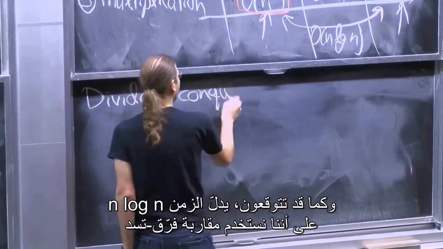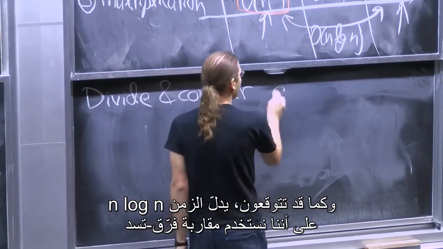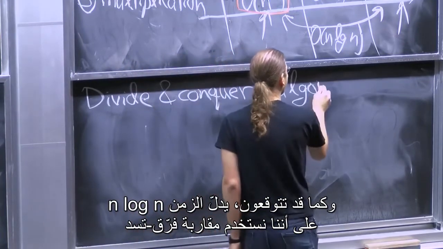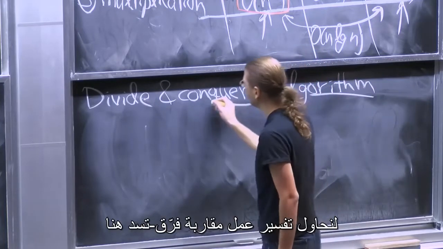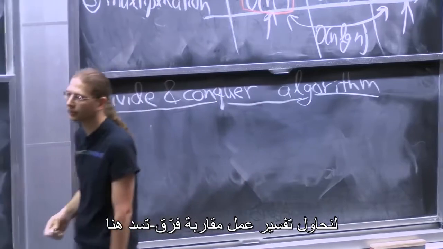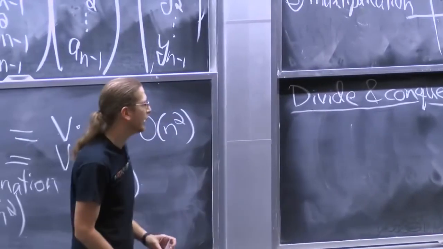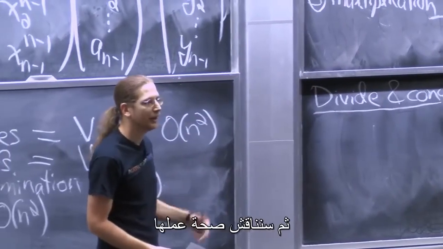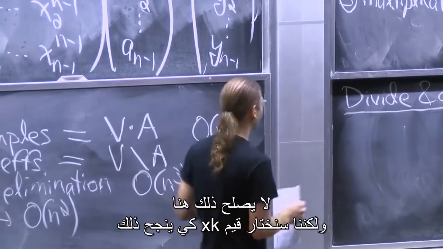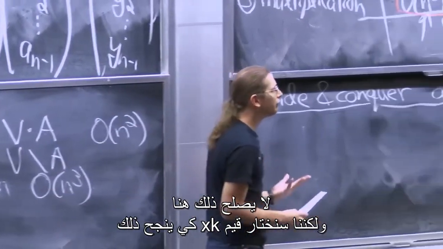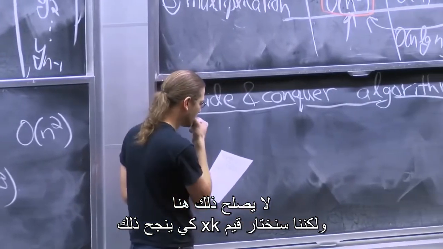And as you might expect, even just from the n log n running time, we're going to be using divide and conquer. So let's just think about how divide and conquer could work. I'm going to show you an idea, and then we'll figure out how that idea could possibly work. It doesn't work at the moment, but we will be able to choose the xk's so that it works.